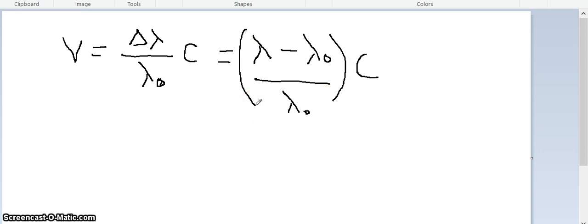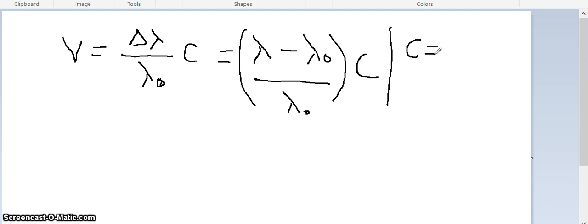One thing I should mention is that normally we use the speed of light as 3 times 10 to the 8th. But here, we're going to represent it in kilometers per second, because it's much more common; stars are usually traveling at hundreds of kilometers per second.